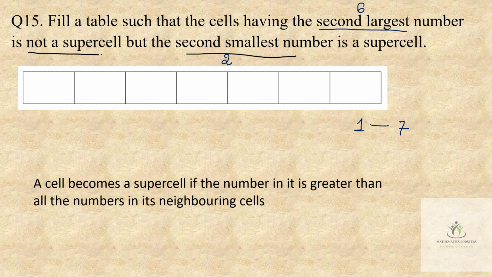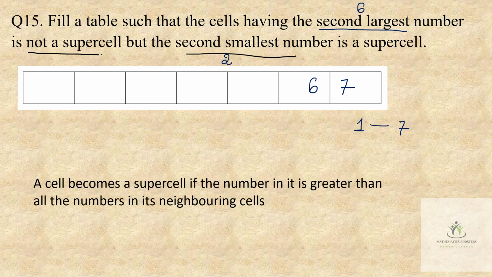So for the second largest number not to be a supercell, the neighboring numbers should be greater than 6. So if I use 6 here, let 7 be next to it. This 6 will not be a supercell now because the neighboring cell has a greater number than 6.